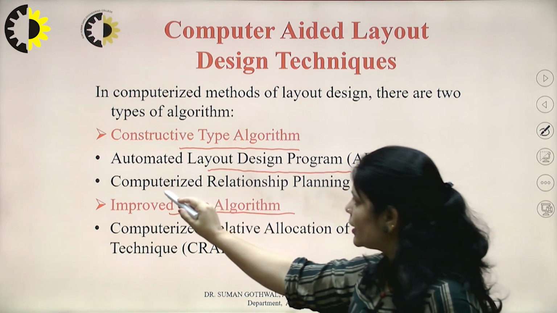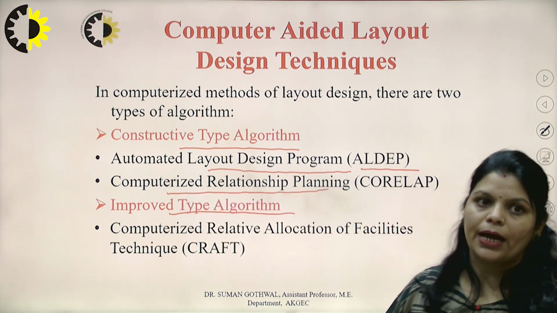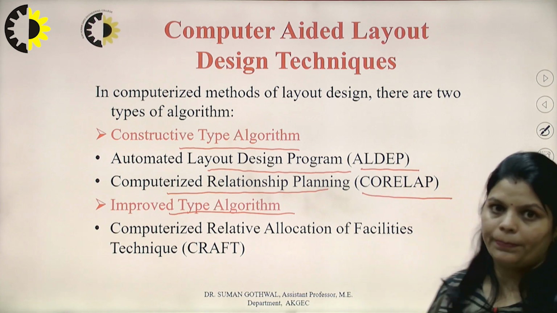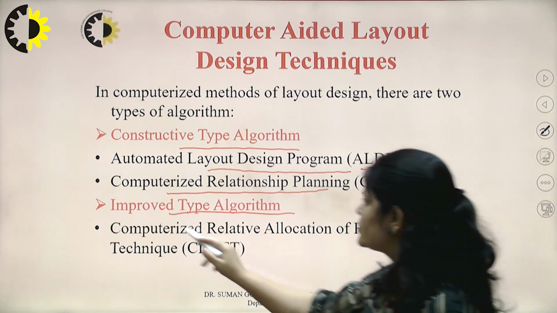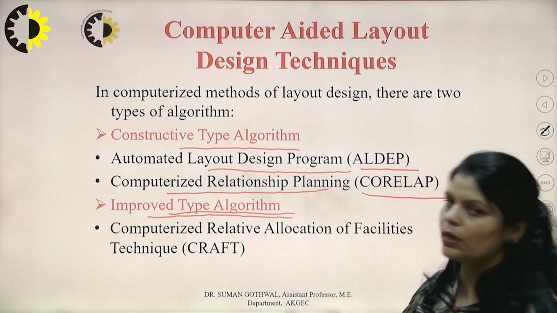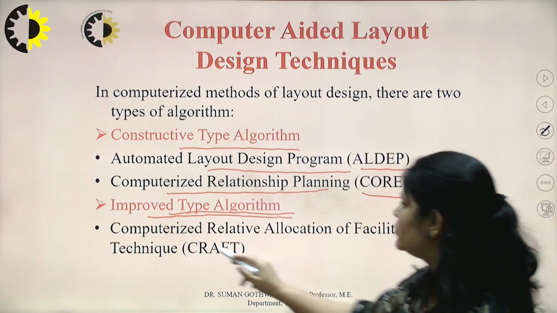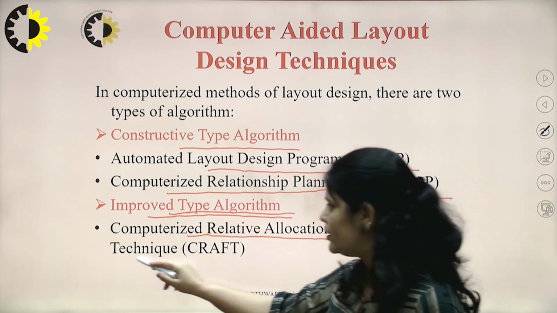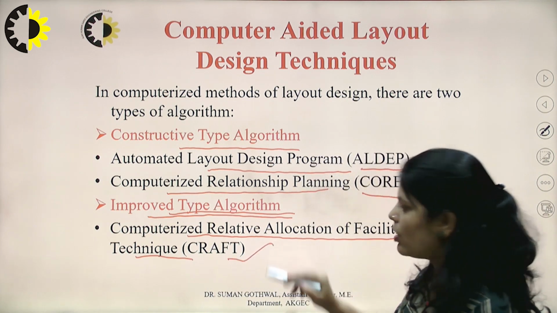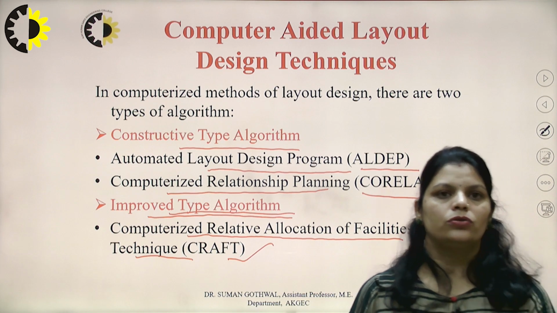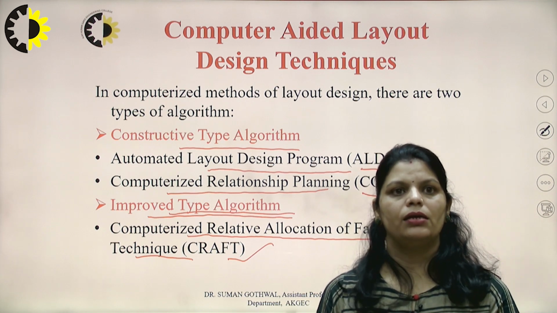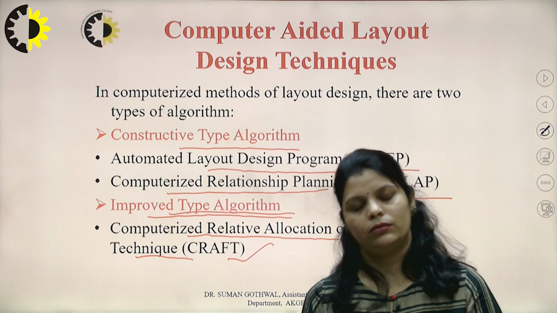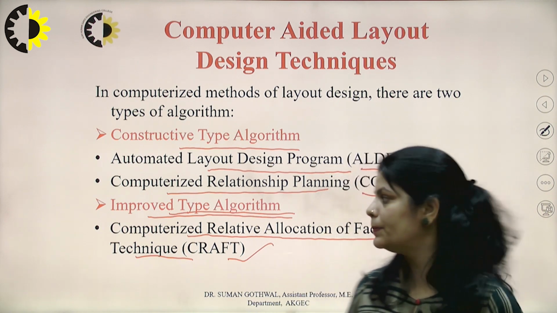And in the second category, we have the computerized relationship planning, also known as CORELAP. Clear? If we talk about the improvement type algorithm, then we have the computerized relative allocation of facilities technique, meaning CRAFT. These are the techniques we use for computer aided layout design planning.